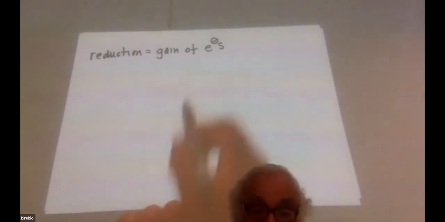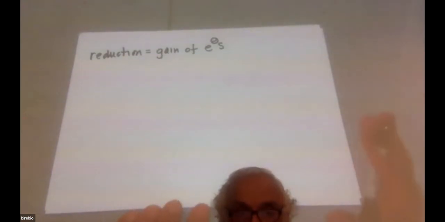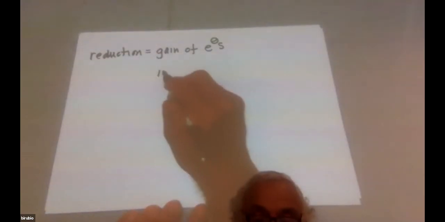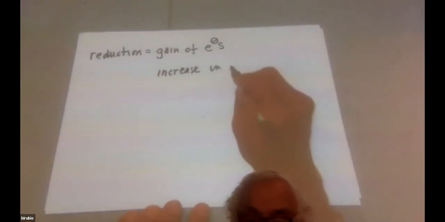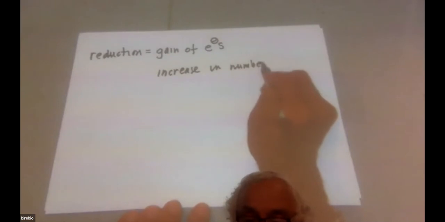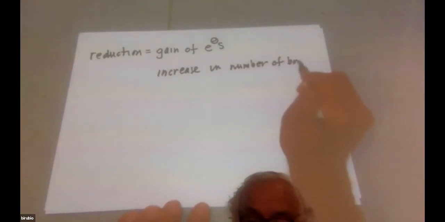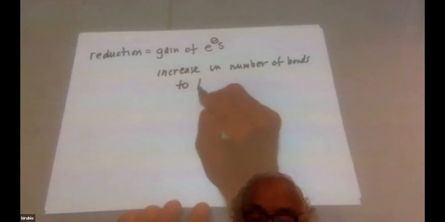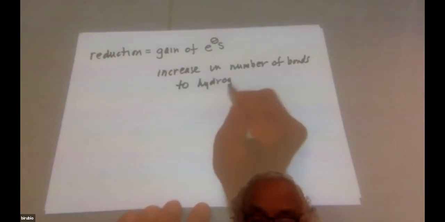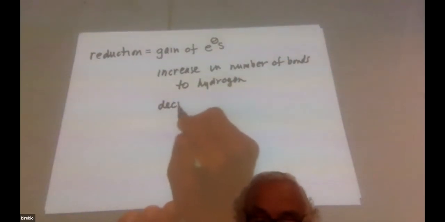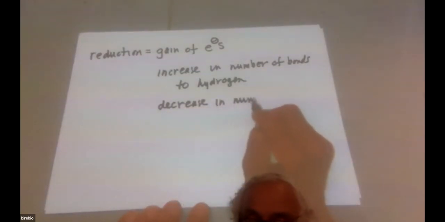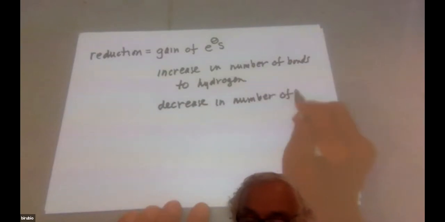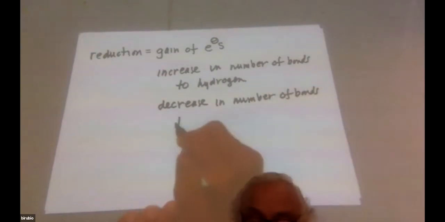In organic chemistry, one of the signposts of reduction is an increase in the number of bonds to hydrogen, or a decrease in the number of bonds to oxygen.